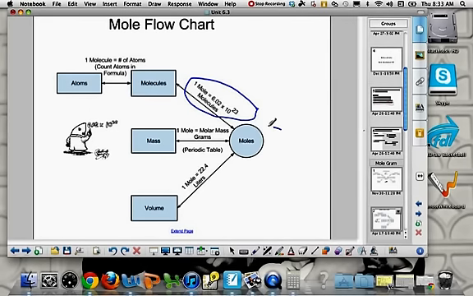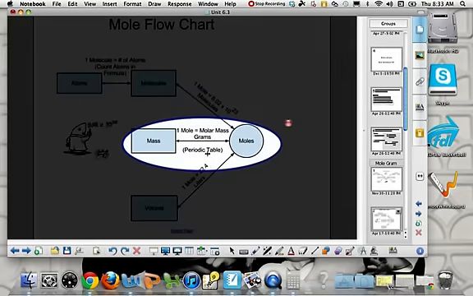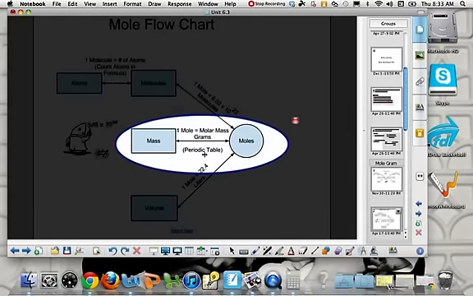Today, we're looking at this conversion, a mole of something to the mass of something. When we look at this conversion, we have to look this up, and you see it's equal to the molar mass, and where do you get that from? It says it in parentheses, the periodic table. So when we do these conversions, you have to look them up on the periodic table every time.